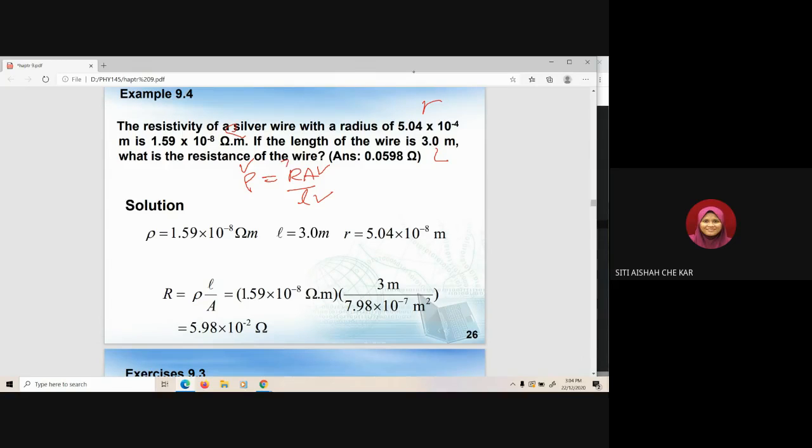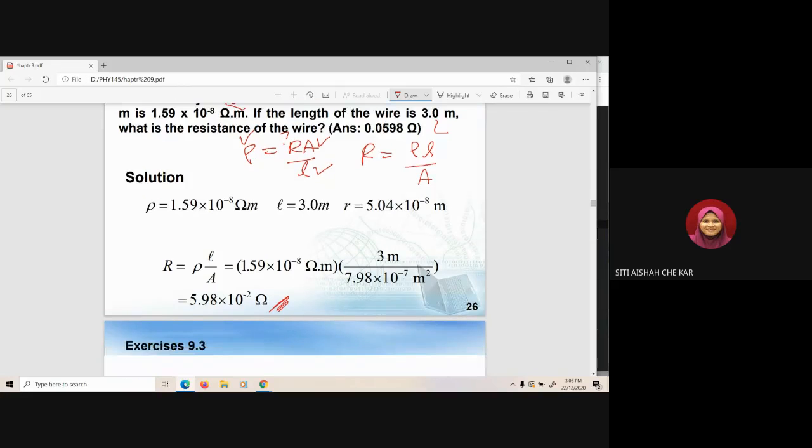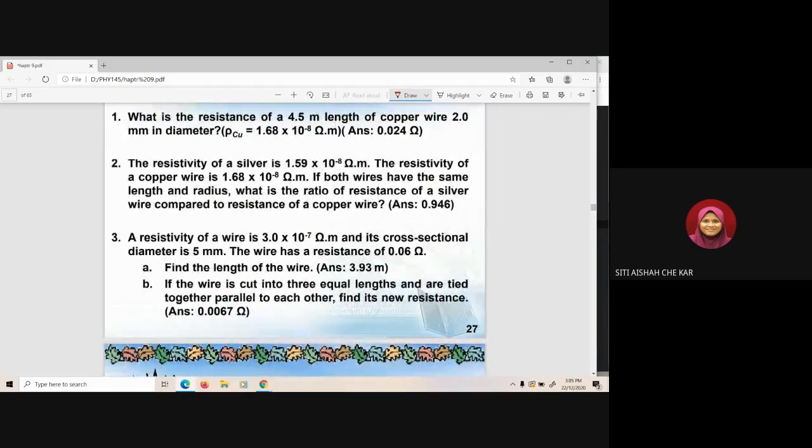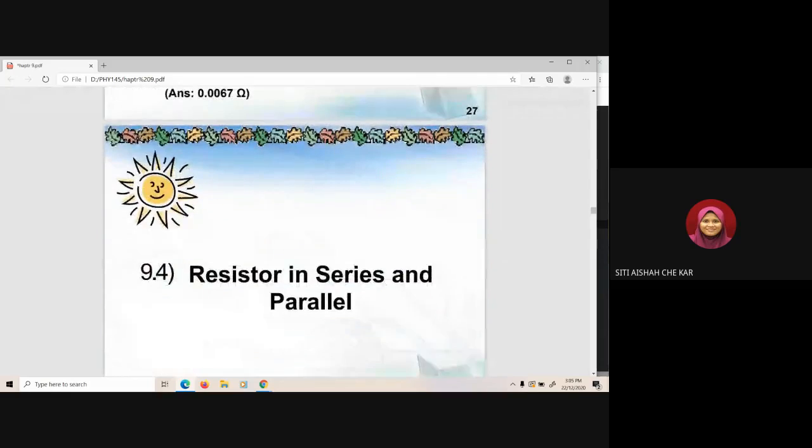We want to know R lah. So, R equals resistivity times L divided by A. So masukkan dalam formula. So, this is the answer, 5.98 times 10 to the power of negative 2 ohm. Okay, other exercise questions you can answer.